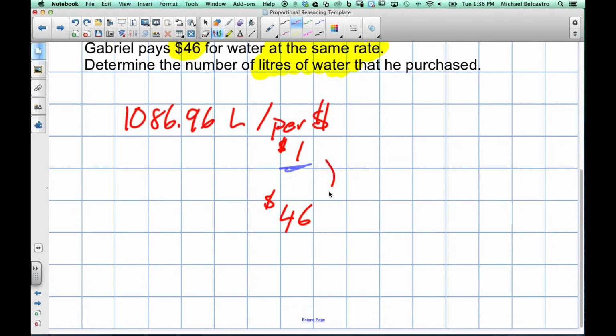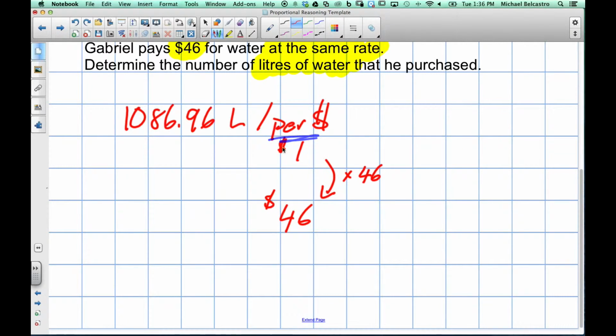So we need to think about what can we do to take the number 1 to 46? Well, we can add something, and we can add it 46 times, which is very redundant if we were doing our calculator, but the word times should give you a hint of what operation we need to do. Because it's per dollar, to go from $1 to $46, we can also multiply by 46.